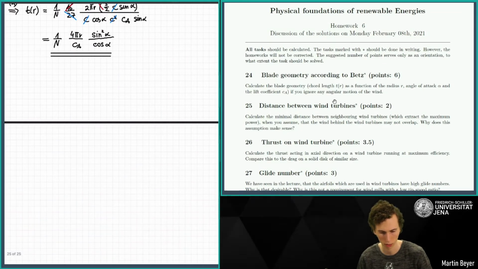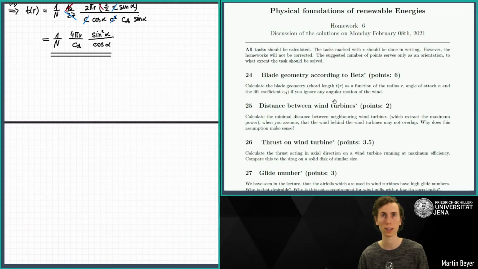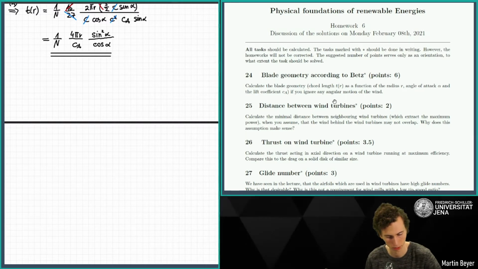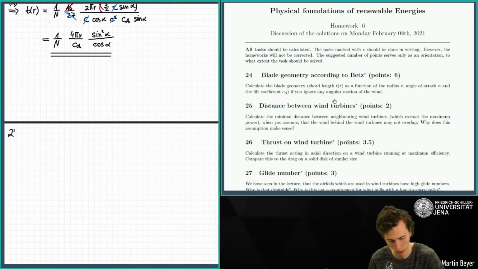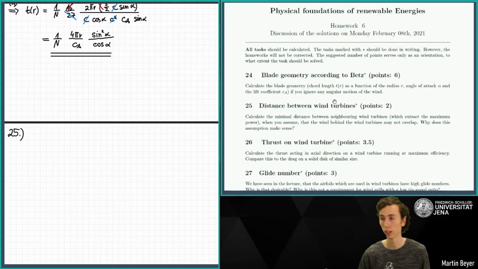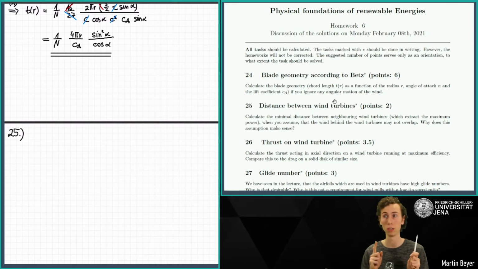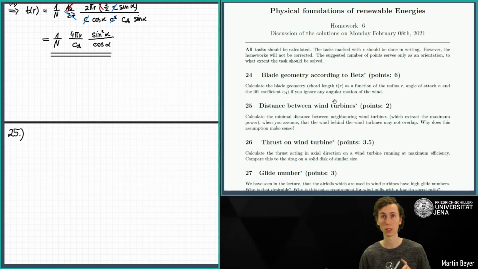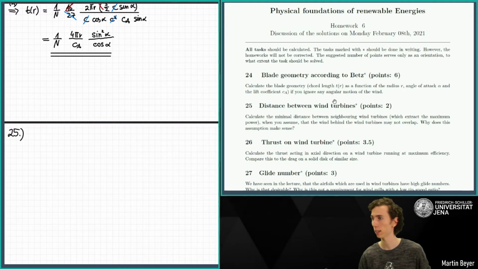So let's add another page and move on to exercise number 25. So number 25, what do we have here? So we want to calculate the distance, the minimum distance between wind turbines. So we consider two neighboring wind turbines, and they should not interact with each other.